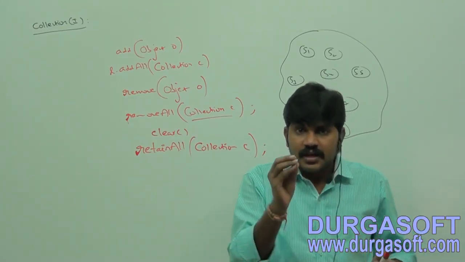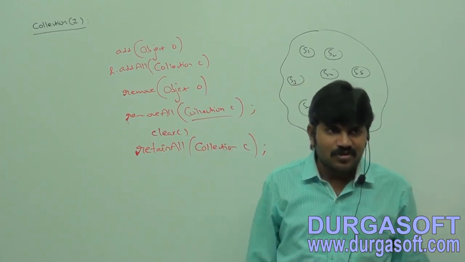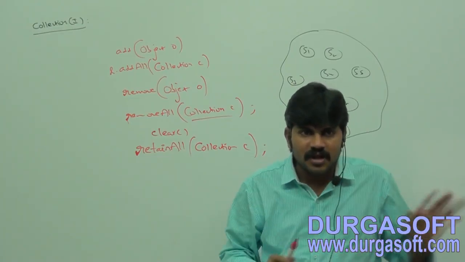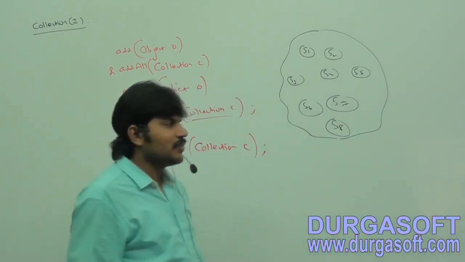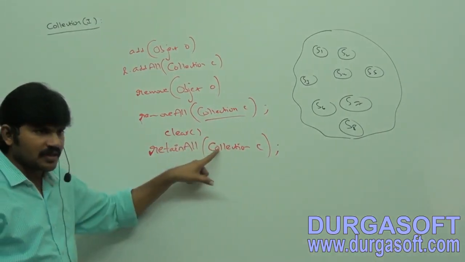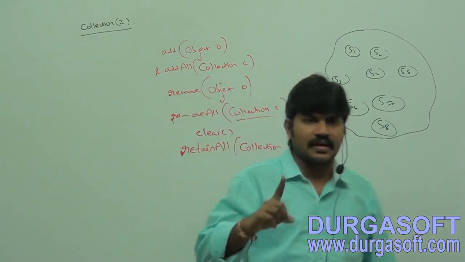Except these new members, all the remaining people, can you please go out? Then which method do we have to use? Retain all of new members. All the remaining members by default will be gone. This is what retain all is.